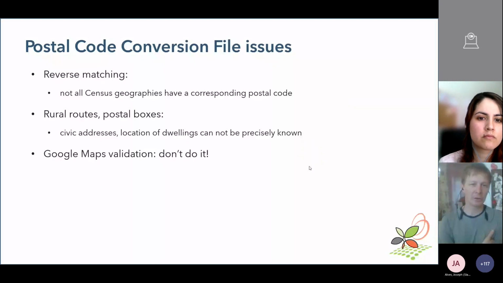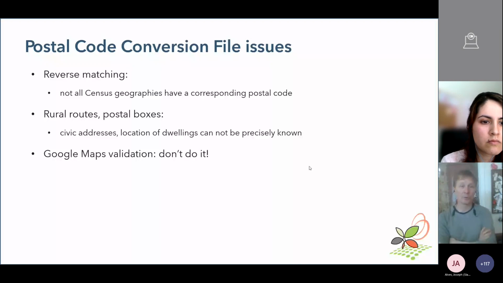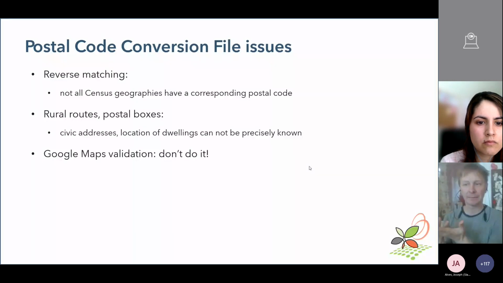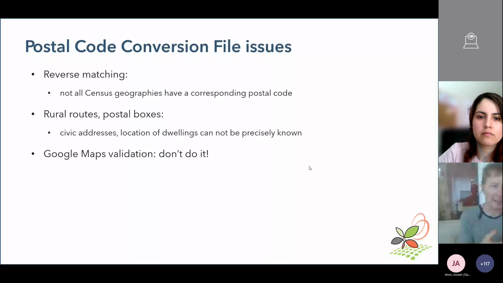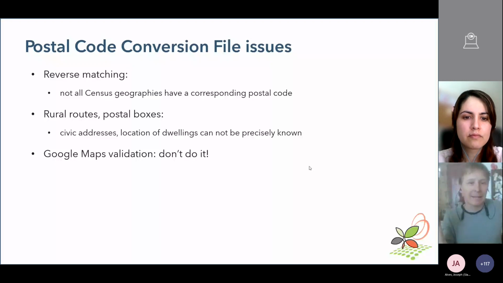And another, I just threw a few other examples here, which Gerald and Brad touched on as well. You're not going to have all dissemination areas represented in the postal code conversion file. Not all census geographies will have a corresponding postal code for reasons that they've outlined. Rural routes, postal boxes, this can create issues if you're trying to take your postal code data and match up some census data to attribute to the people living at those postal codes.